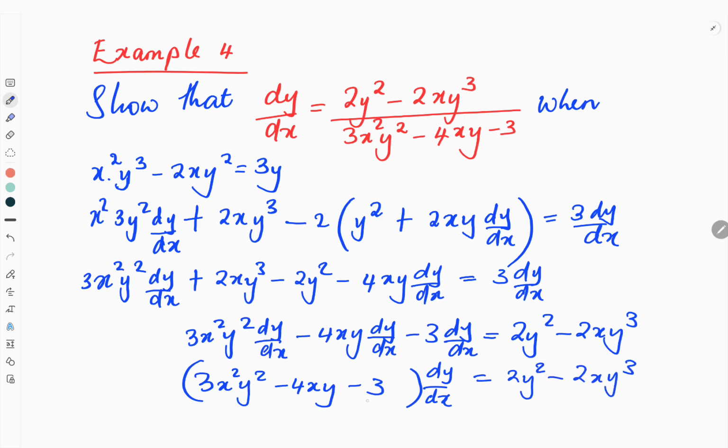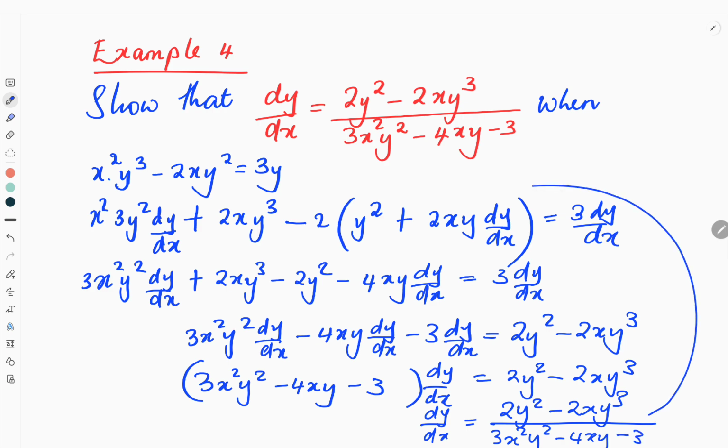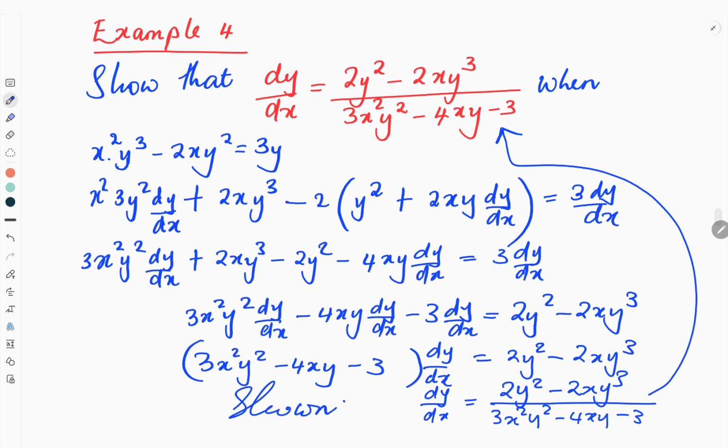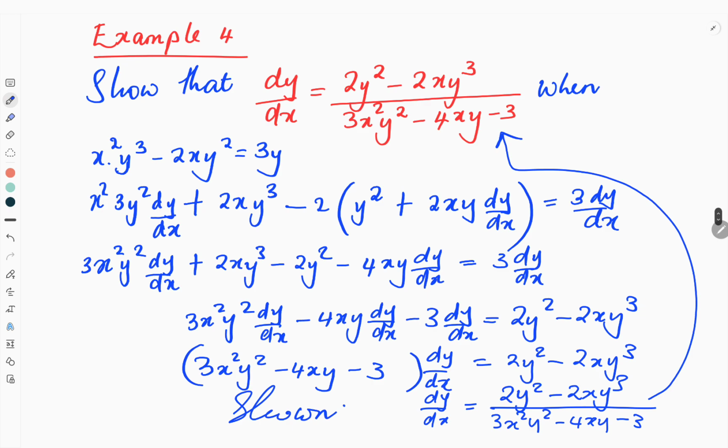Then we divide by this whole thing so that dy/dx is equal to 2y squared minus 2xy cubed divided by 3x squared y squared minus 4xy minus 3. And that's exactly what we are asked to show, so we just write shown. So this is how you do implicit differentiation.